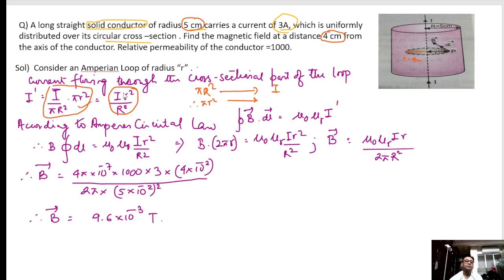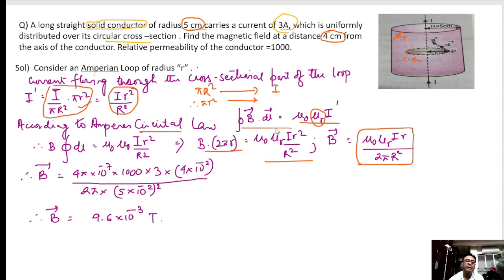So again, using Ampere's circuital law, because it is inside the medium, the relative permeability of the medium, what it is made up of, should also come. Okay, so dl will be 2 pi r. Now putting the values, we get this magnetic field.